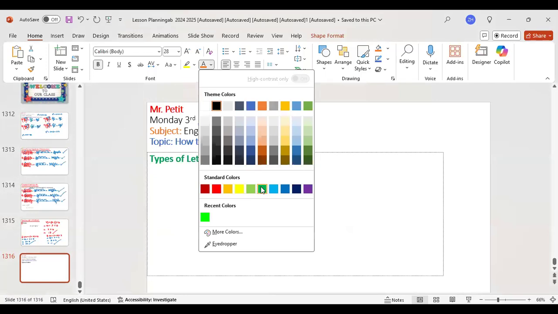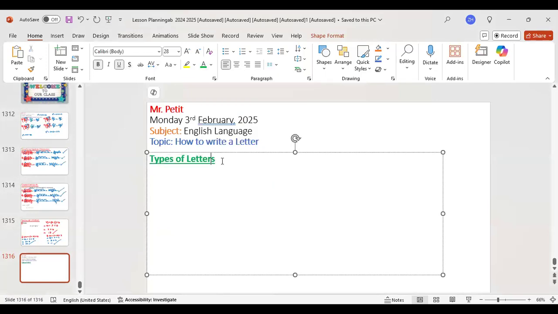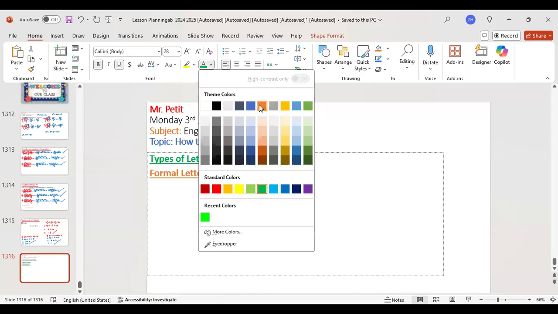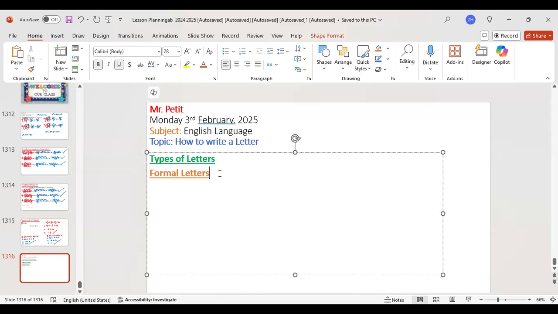So types of letters, you have the formal letters. That's one type of letter. What is it used for? Business, job applications, complaints, or official requests.